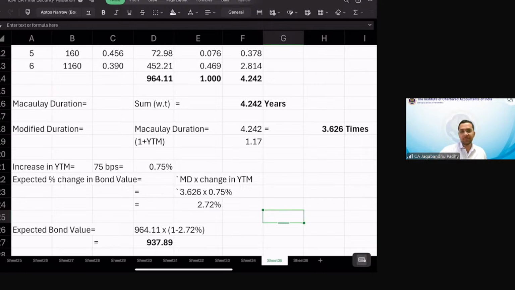Is this clear, everyone? How to use the modified duration and Macaulay duration? Clear? Okay. Now let's do some more questions based on this.